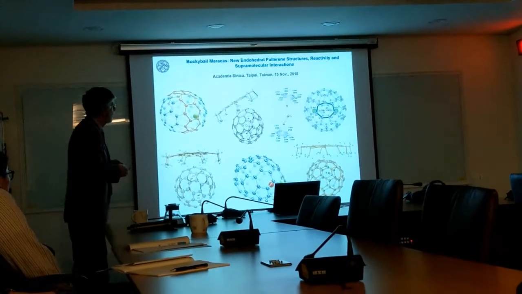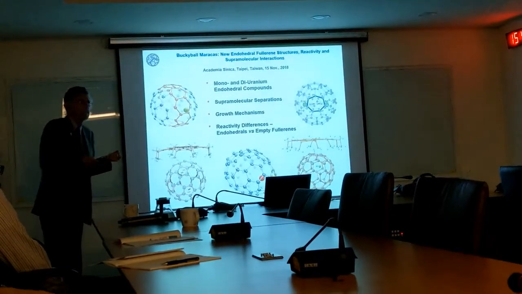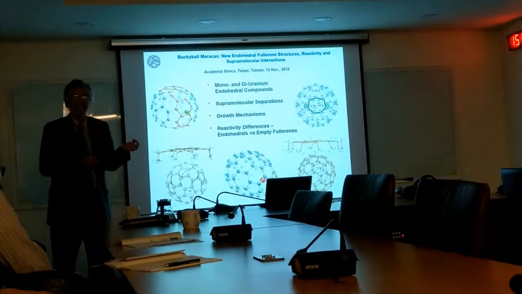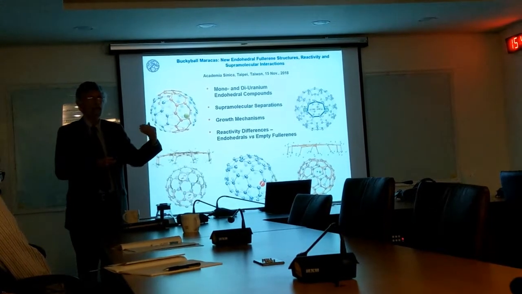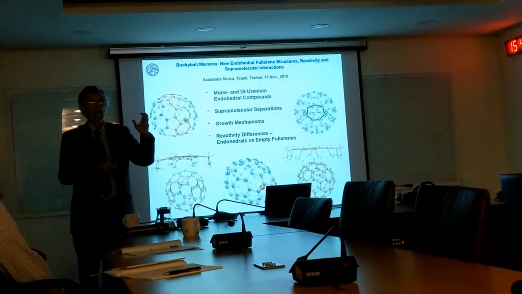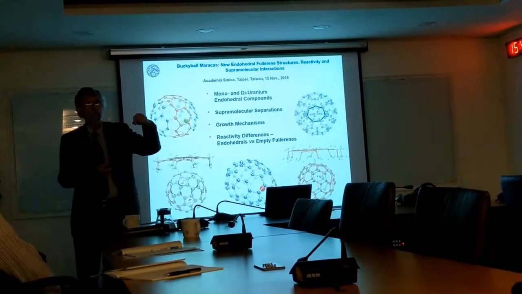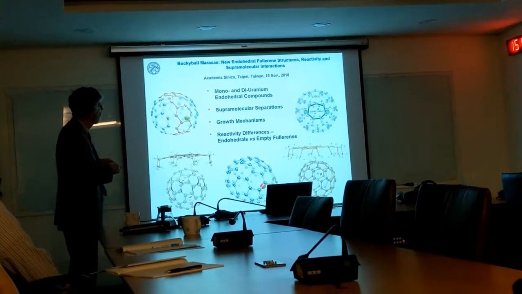Okay? So the plan is I'm going to tell you a little bit about mainly uranium. So we're going to be talking about actinide endohedrals. These compounds are collectively known as endohedral fullerenes or endohedral buckyballs, where you have a cage and something inside. But something doesn't have to be a single atom or a single uranium.